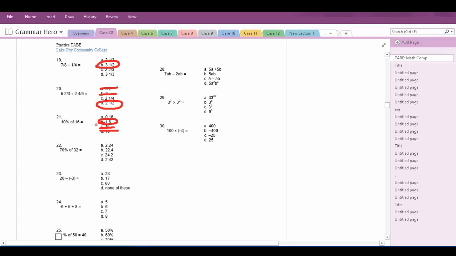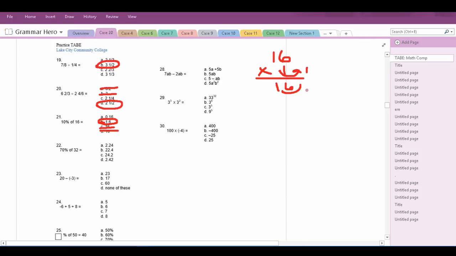Now, in case you didn't know how to do that just by looking at it, you could do it like this. 16 times 0.1, and again, 0.1 represents 10%. And again, we're going to move this over. We moved it over 1, so we're going to have to add that back on. 6 times 1 is 6. 1 times 1 is 1. Bring our decimal place back over. 1.6. Okay?